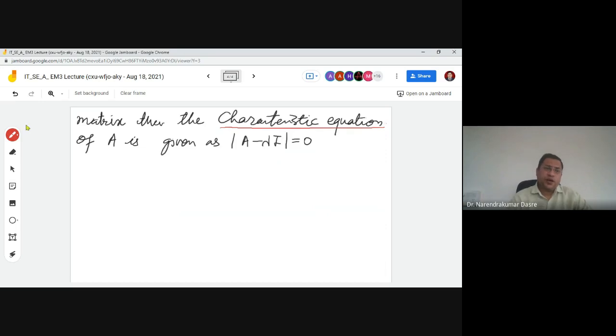Now we need to understand the characteristic roots, which are also called latent roots.